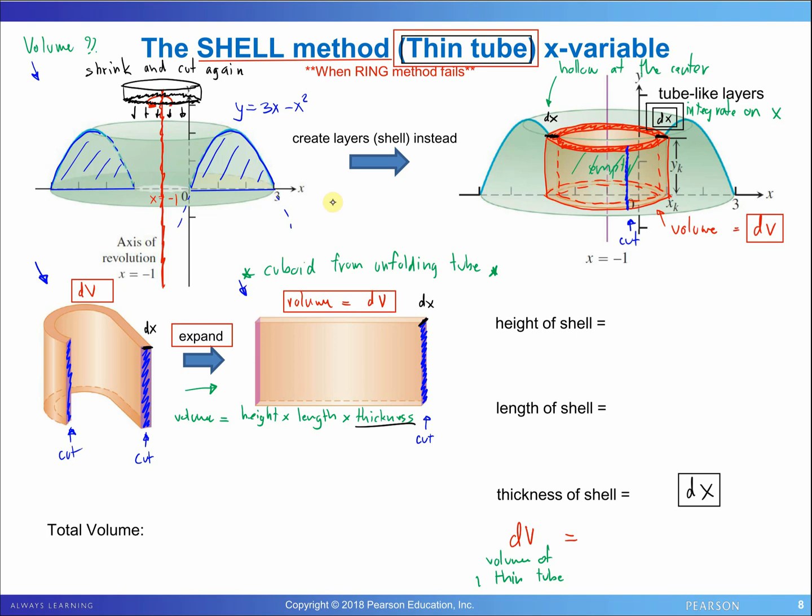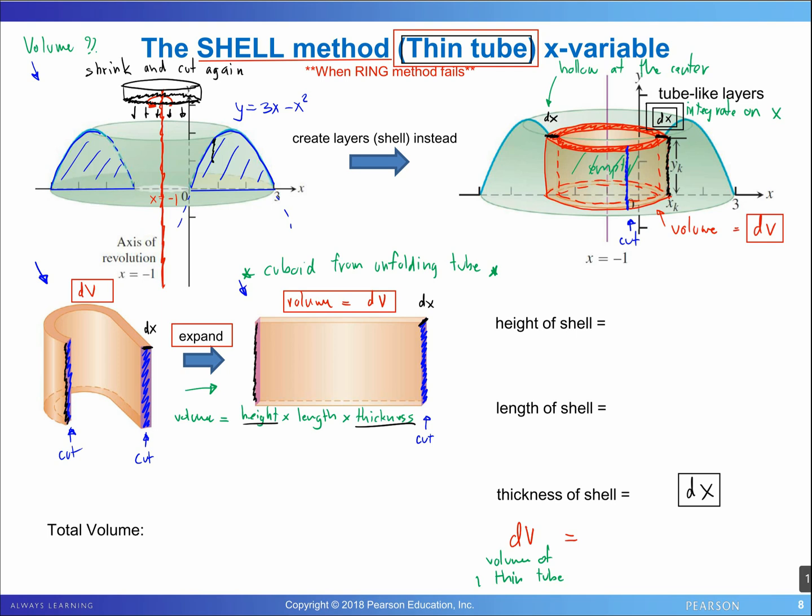And now the height is going to be this side on the cuboid. Same right here. This side on the unfolding tube or shell. And it's going to be the same right here. Okay, the height of the tube, and then it's going to be the same on the top left. This side.